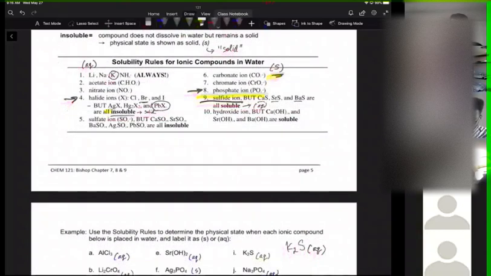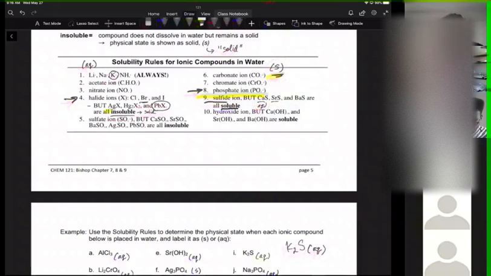Sulfide ion is solid, right? But barium sulfide is soluble, so that means that it's aqueous. Rule number 9 means that sulfides are solid unless they're paired with calcium, strontium, or barium.